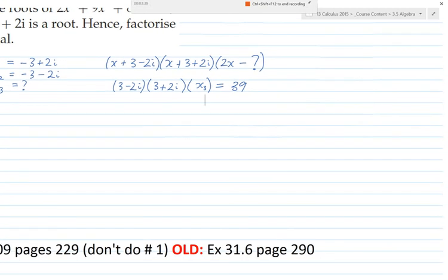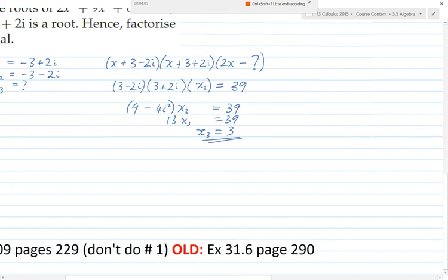Expanding these first two brackets, we're going to have 9 minus 4i squared, and that's all times our third root, equals 39. I squared is negative 1, so we're going to have 9 plus 4, which is 13. So 13x3 equals 39, and our third root is 39 divided by 13, which is 3. But in terms of a root, because we've got 2x there, our root is actually going to be 3 over 2.